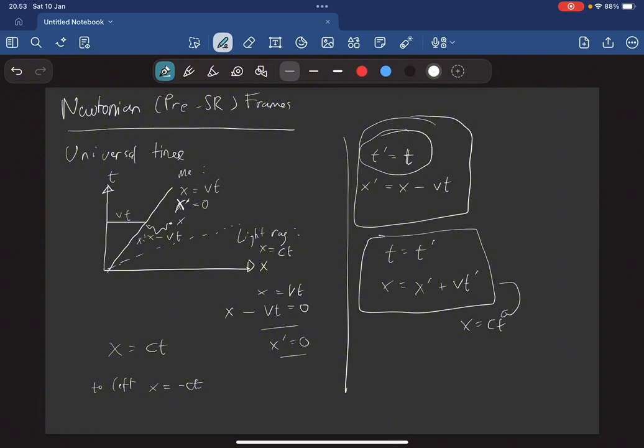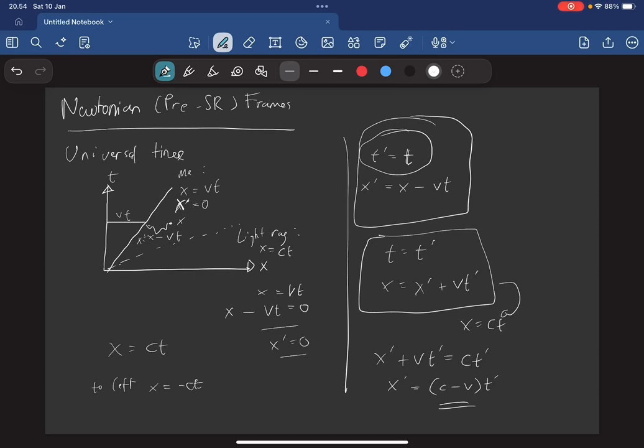And I get x prime plus Vt prime equals ct prime, which we can rewrite as x prime equals c minus v times t prime. Not surprisingly, this shows that the light ray moves with velocity c minus v in my frame.